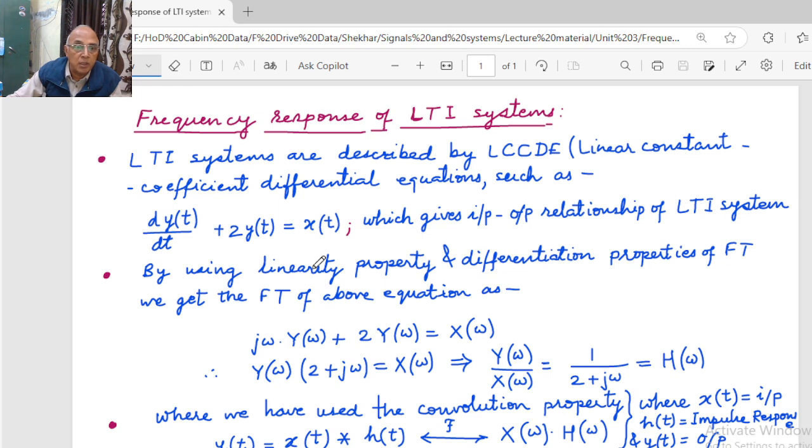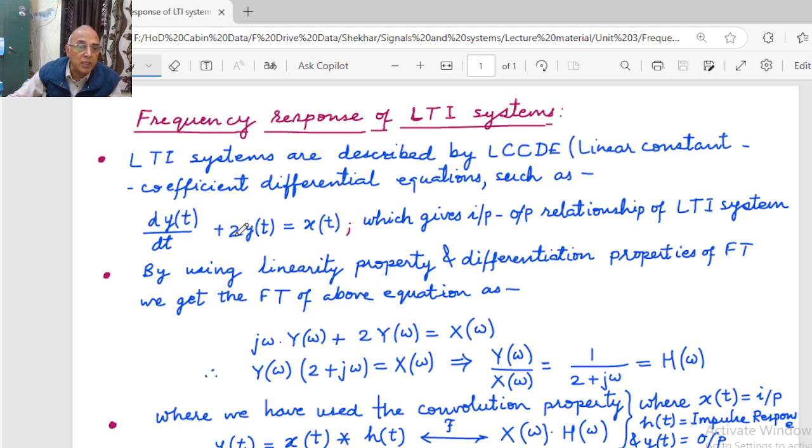We have described the input as x(t) and the output as y(t), and this is the input-output relationship through some differential equation. So this differential equation describes an LTI system, so that for any input, we can calculate the output.